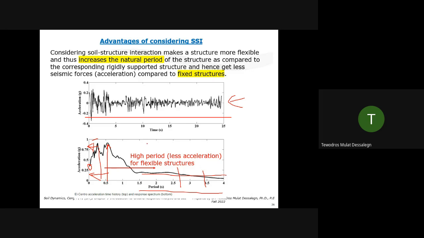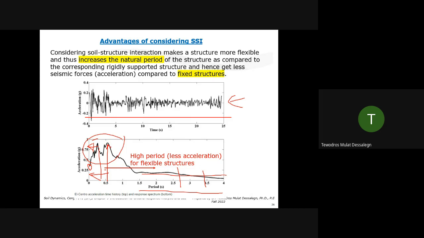So by introducing flexibility in the soil, we are making the whole model more flexible. If it's flexible, it goes away from the peak zone. It can go away from the peak spectral acceleration case.